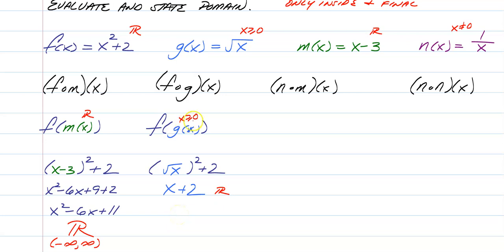So, x has to be greater than or equal to 0 because that's what went inside. We were never allowed to plug in a negative to begin with, so we can't throughout this question. Okay, so x has to be greater than or equal to 0 again, or we would have actually square bracket 0, comma, infinity. So that's composition of functions and stating domain.